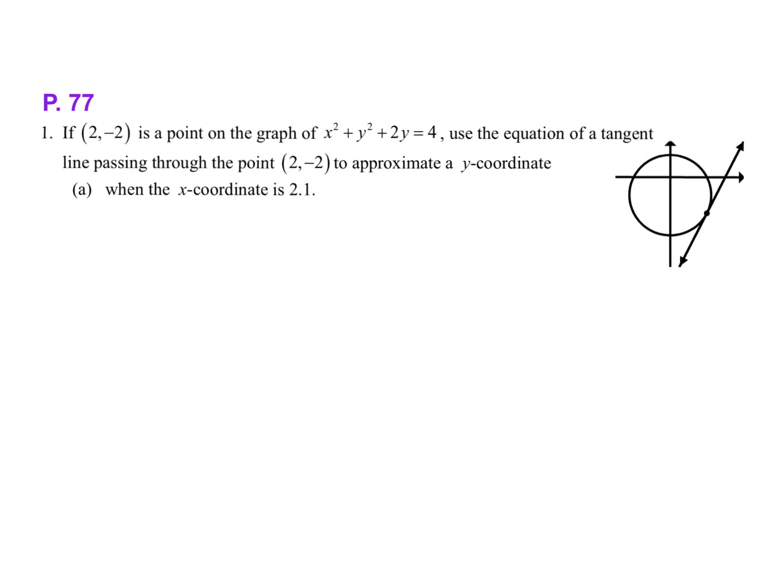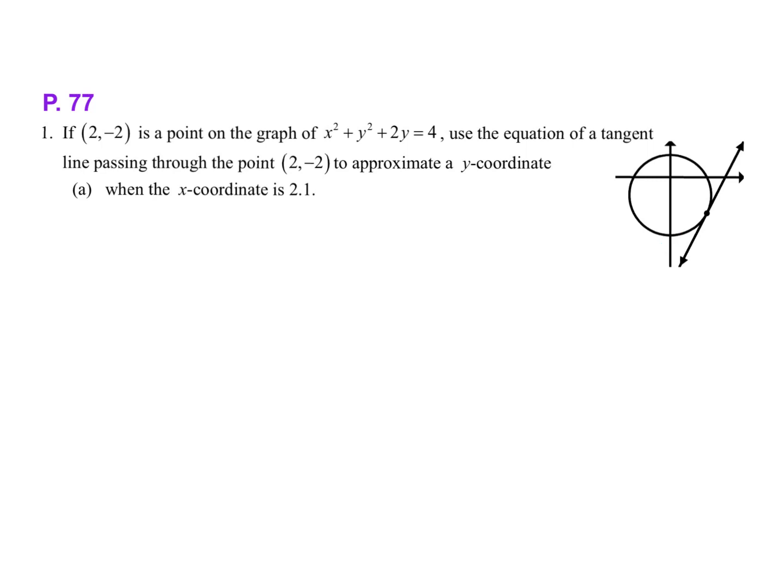Let's just talk about what we're trying to do here. So we have this graph. I'm gonna zoom in on it in a second. We have this graph of a circle, and we have this tangent line, and we have a point that lies both on the tangent line and on the circle.